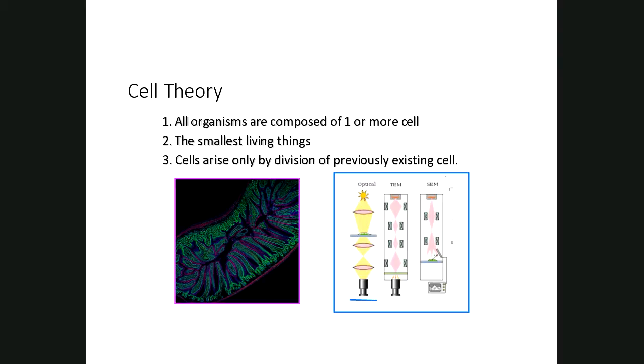Then we have a couple of different electron microscopes, and that's these right here. There are 2 different types of electron microscopes: one is what we call a TEM, or transmission electron microscope, and the second is a scanning electron microscope. The transmission electron microscope takes magnets, and these little gray things that you see marching down the side here are magnets.